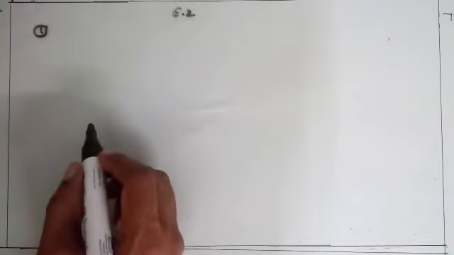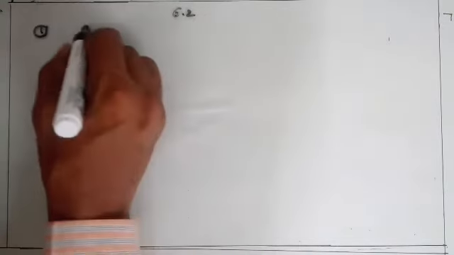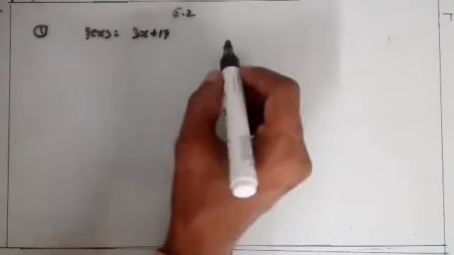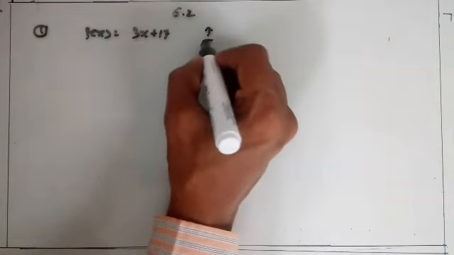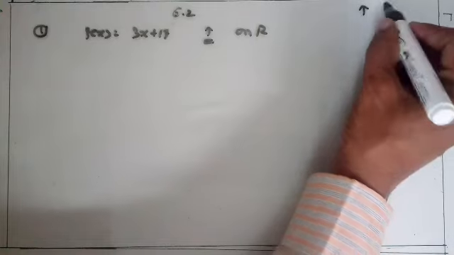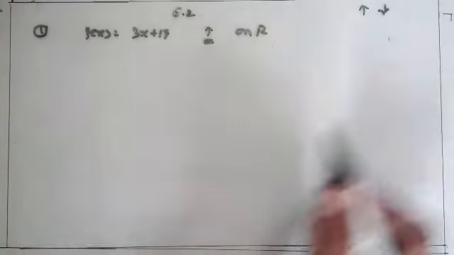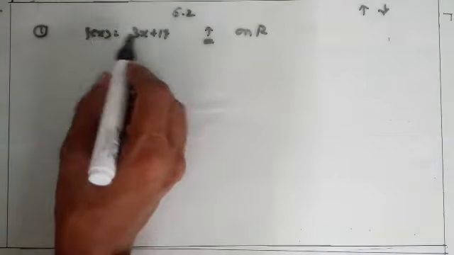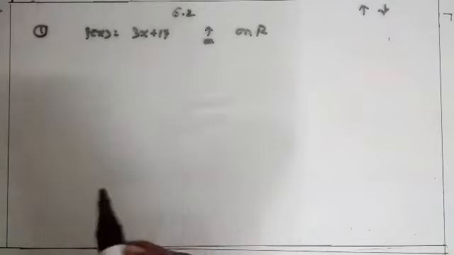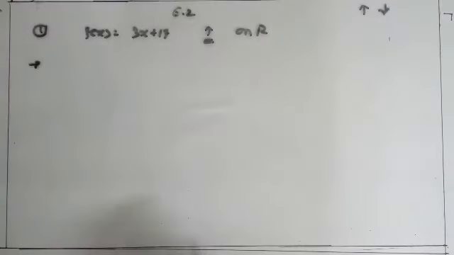First question, show that the function given by f(x) equal to 3x plus 17 is increasing on R. Remember that this is the symbol for increasing and this is the symbol for decreasing. We know that if the first derivative is greater than 0, then the function is increasing.